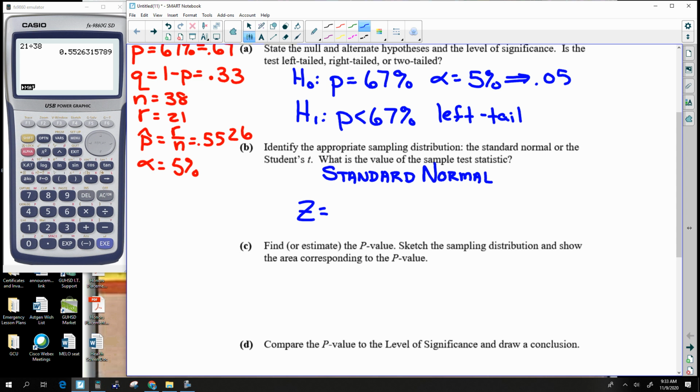All right, z with probability is going to be p hat minus p divided by the square root of regular p, regular q divided by n. Where you want your parentheses is at the beginning and right here.